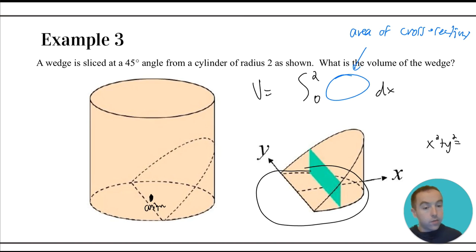In our case, because the radius of the cylinder is 2, the radius of this circle is also 2, so it should equal 4, because that's 2 squared. And then we could solve that circle equation to be a function of x, because this would be equivalent to y equals the square root of 4 minus x squared, once you go through the few steps of solving that.